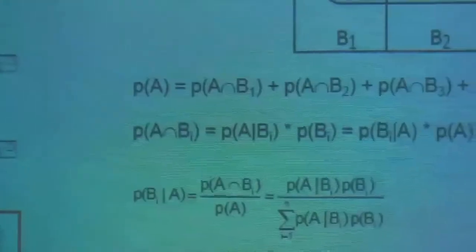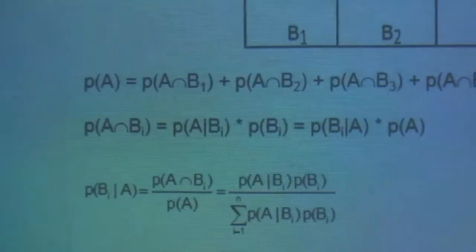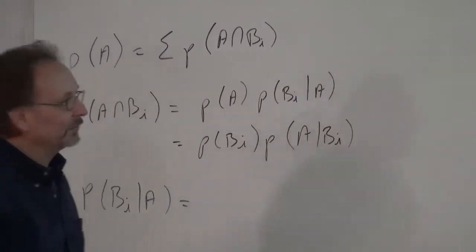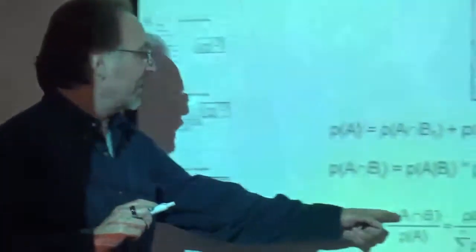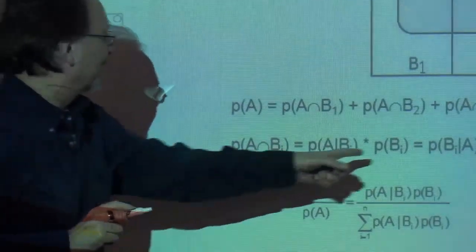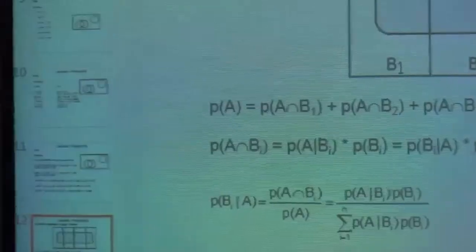So that you can take B sub I given A and reduce that to A intersect B sub I over the probability of A, using this relationship right here.